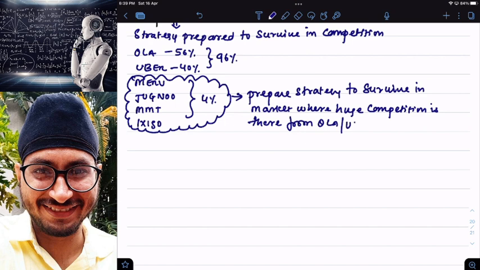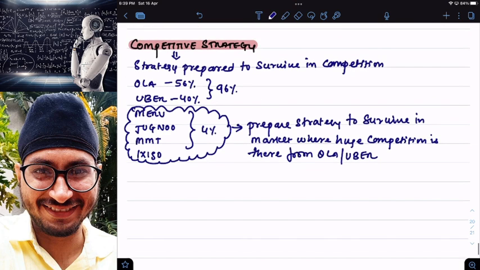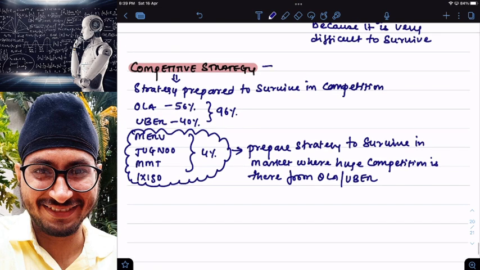Ola and Uber. So this strategy that these cab companies prepare is called which strategy? Competitive strategy.